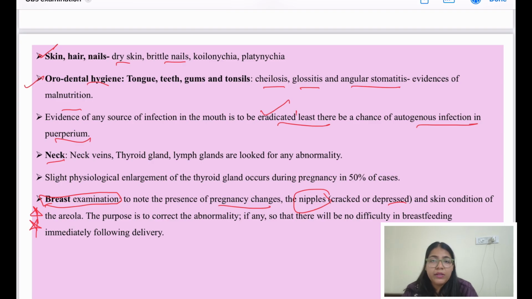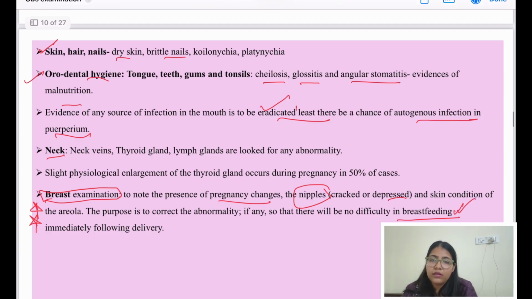So it will be problematic for both the mother and the baby. And if the nipple is inverted, we need to treat it by creating suction using a syringe. If we treat it, there will be no difficulty in breastfeeding for the mother.